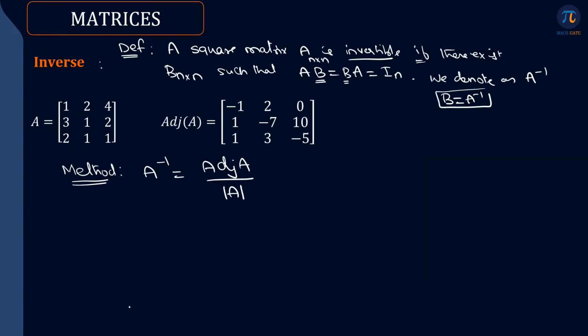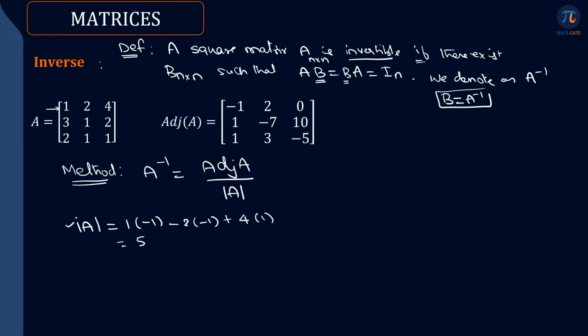So if this matrix is given, 1 multiplied with its cofactor, which is minus 1, then 2 multiplied with minus 2, the minor being 3 minus 4, which is minus 1, then 4 multiplied with 3 minus 2, which is 1. So this is nothing but 5.